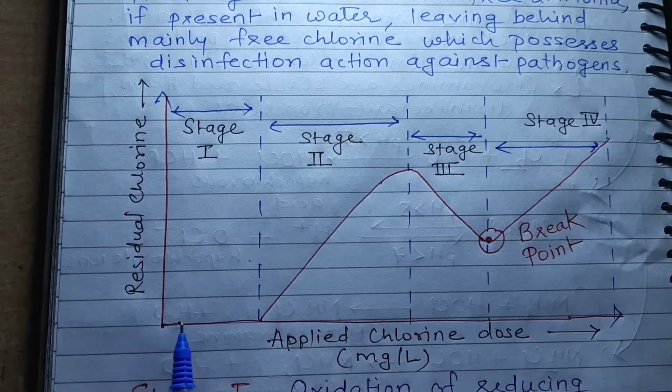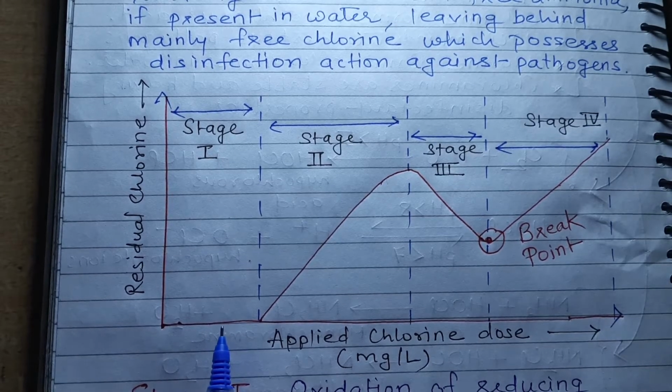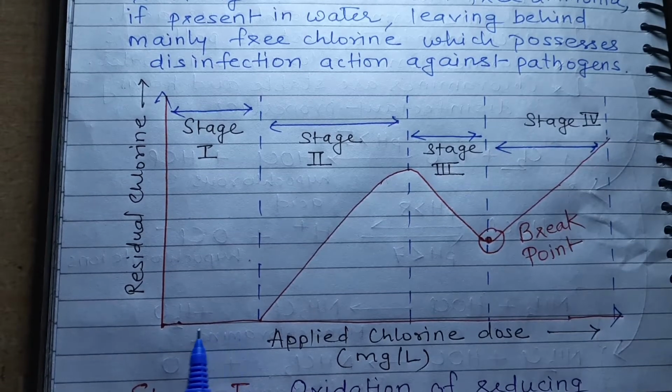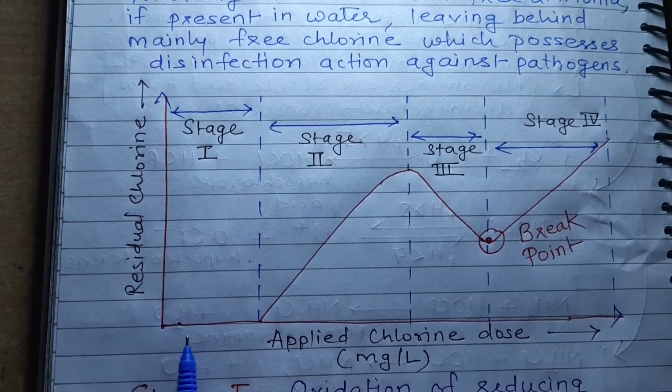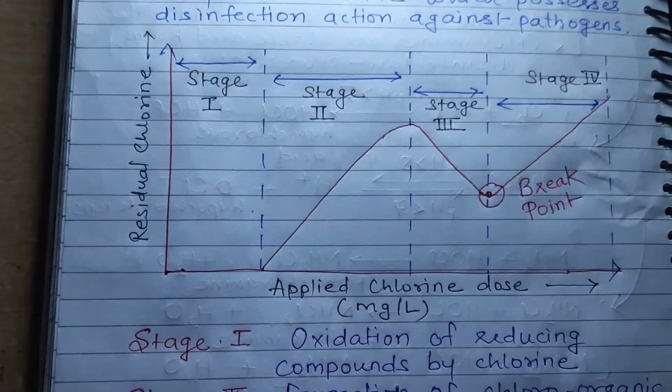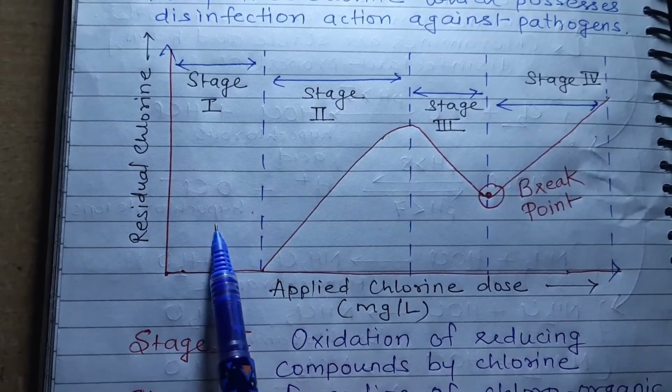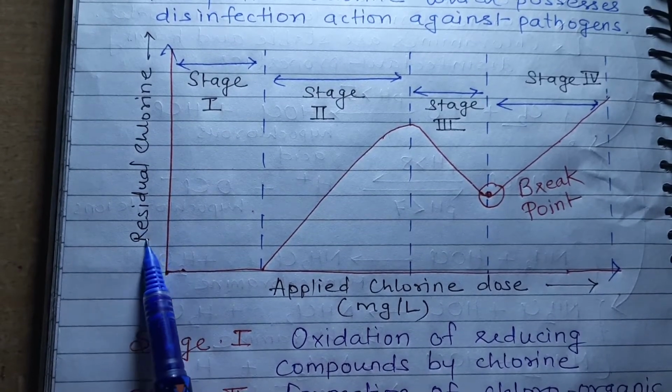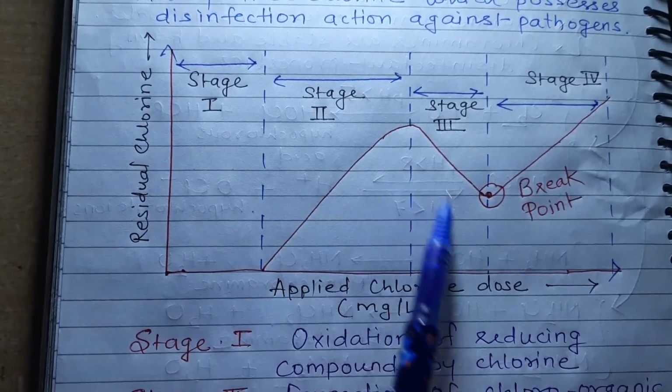Some impurities are present in the water which may be highly reducing in nature. So when we add chlorine, they are instantly oxidized by chlorine, and because of this there is no residual chlorine present in the water. So in stage 1, there is no increase in the residual chlorine when you apply the chlorine dose.